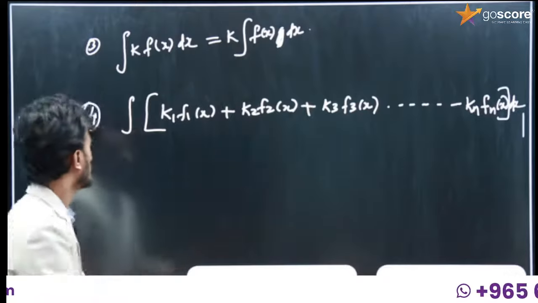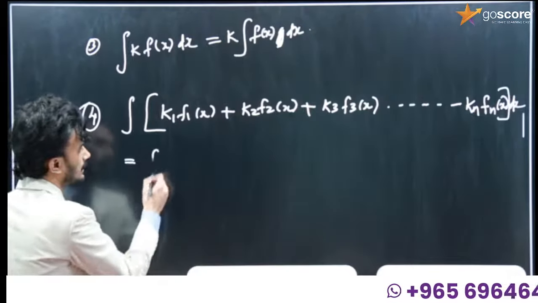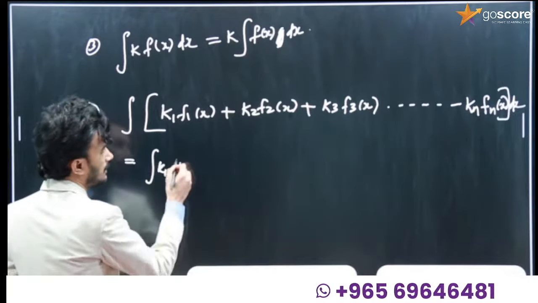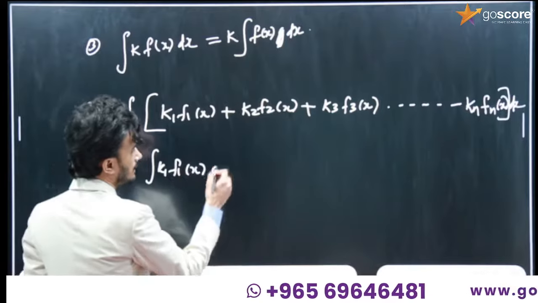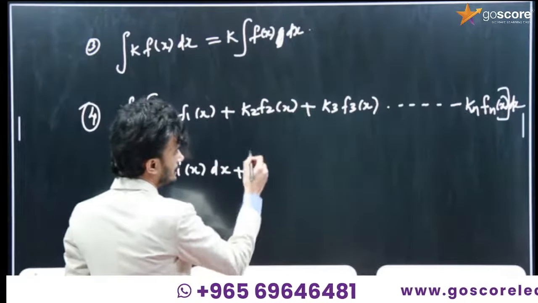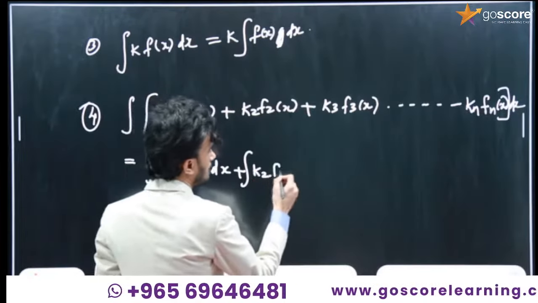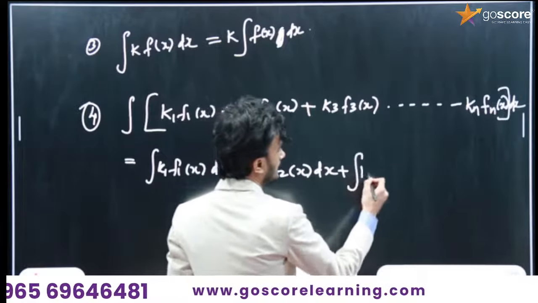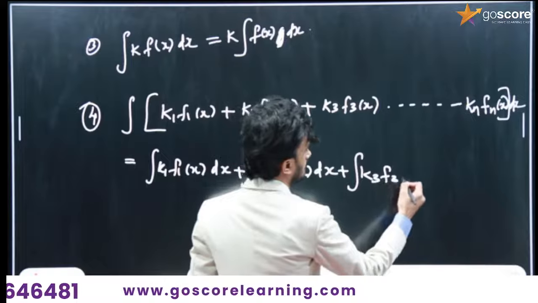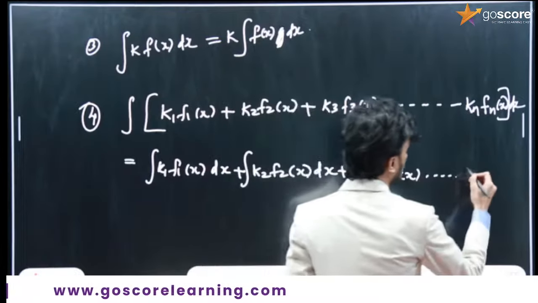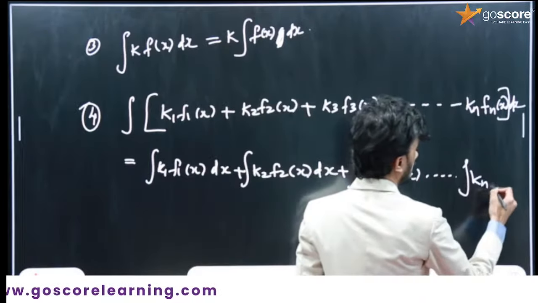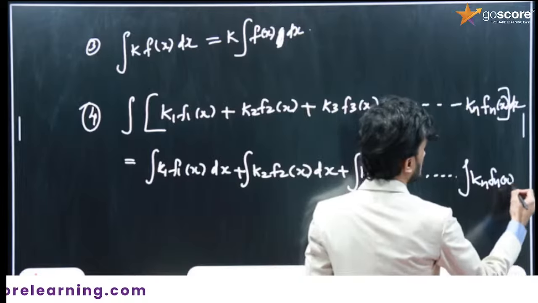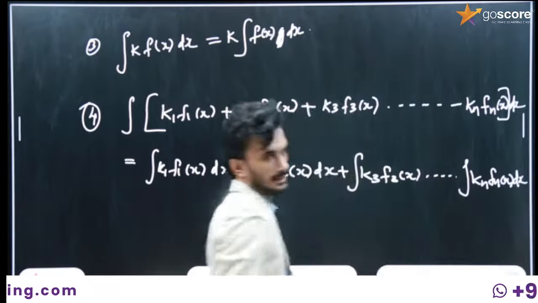Individually we can integrate. That means it is equal to integral k1 f1 of x dx plus integral k2 f2 of x dx plus integral k3 f3 of x dx, etc., up to integral kn fn of x dx.